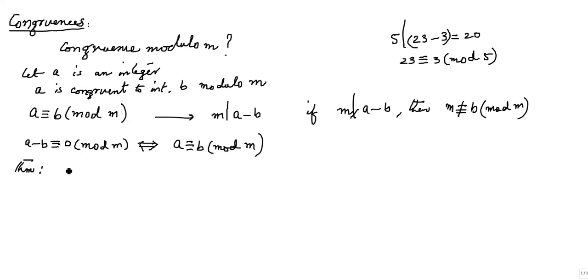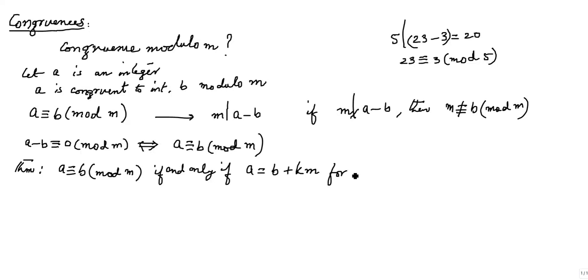So the result states that A congruent to B modulo m if and only if A is equal to B plus Km for some integer K, where A, B and m are integers as well.